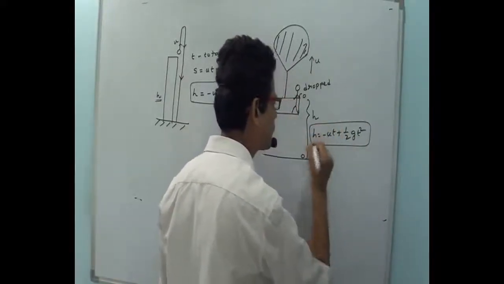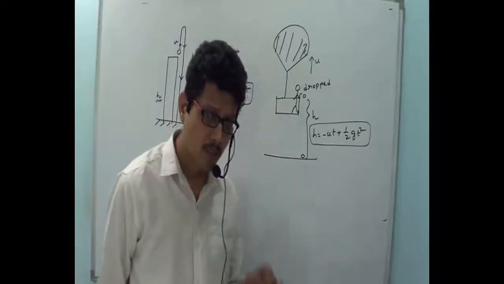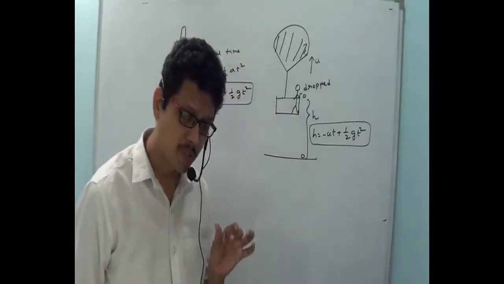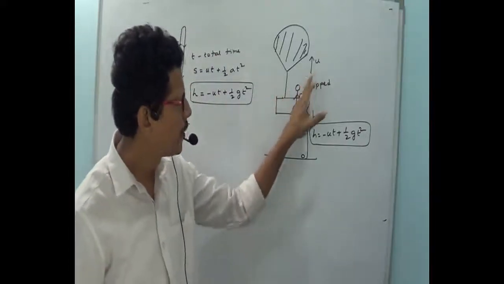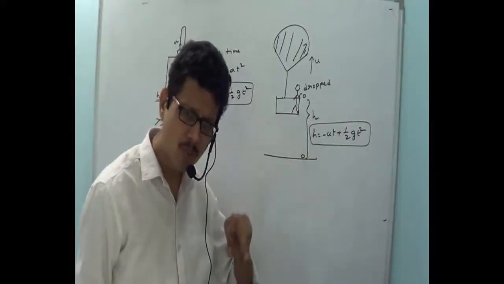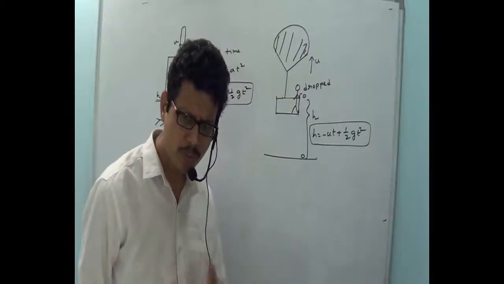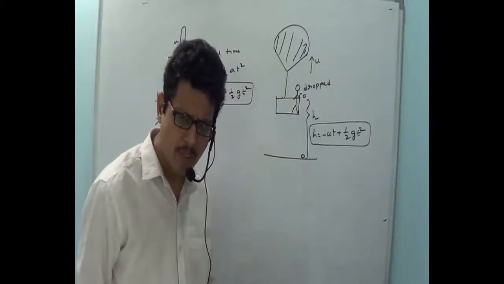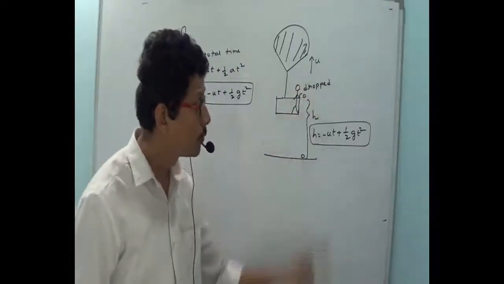Okay, because you are dropping this, you are moving up with the speed of the balloon. Even the stone is also moving up, because the stone is in your hand and it is moving along with you. You are moving with the speed of the balloon.